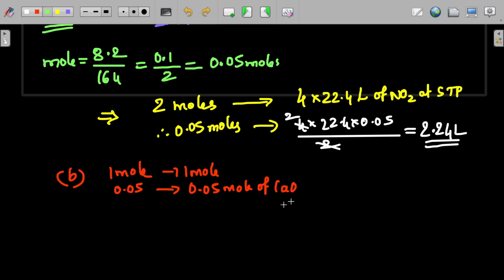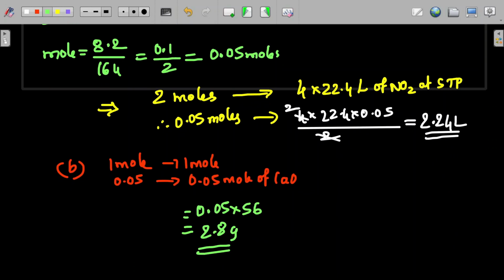Now find the mass of CaO by multiplying by 0.05. Calcium is 40 plus 16, 56. 0.05 into 56 is 2.8 grams. Grams you have to write. If you don't write the unit, all the calculation you do is wrong, no marks.